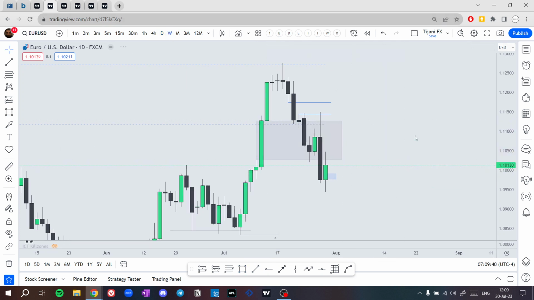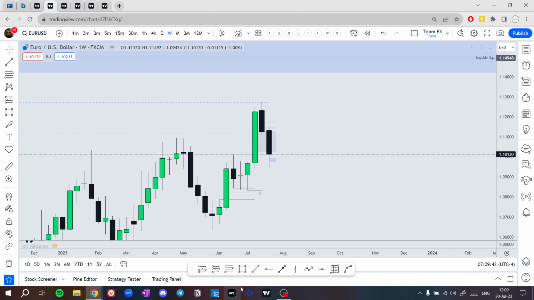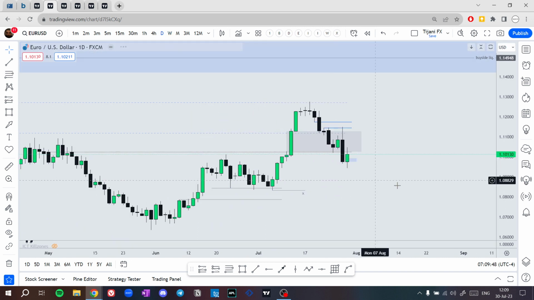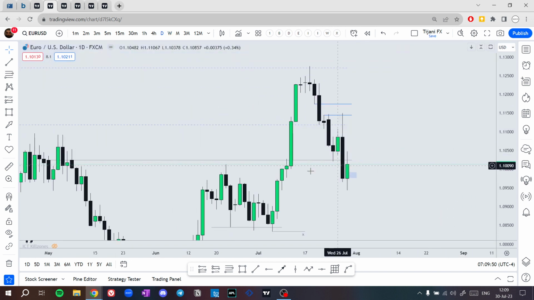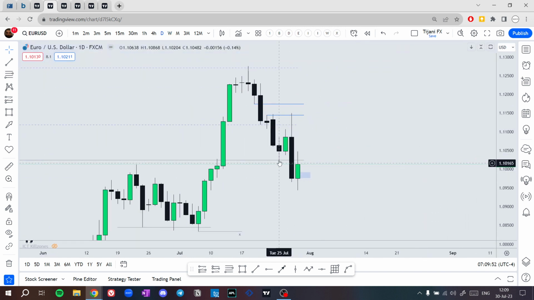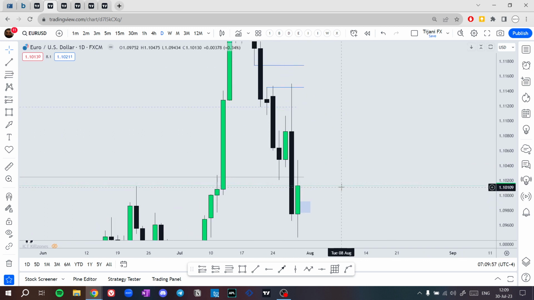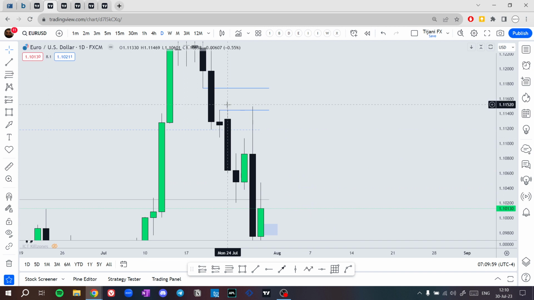If we get back to the weekly level, we're gonna have a mitigation block here, a weekly mitigation block also. So if you see the daily time frame, we see that price just mitigated the weekly mitigation block right here, and we see that Monday has dropped lower from this daily fair value gap. Maybe you could find some sell setup during Monday.